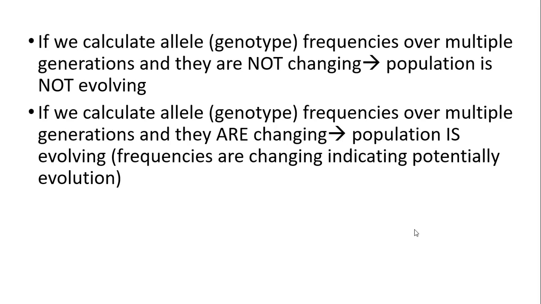However, if you go out even 1 generation later, even 50, and you notice that those frequencies are not the same, that they are starting to change, even if it's a slow change, that means the population is evolving. So those frequencies that are changing indicate that they are potentially evolving. And if that's the case, therefore the population is not in Hardy-Weinberg equilibrium.